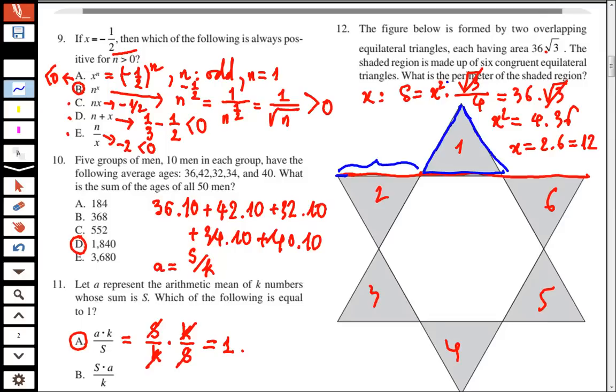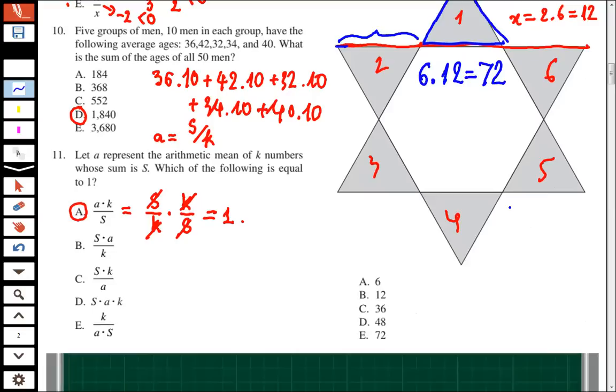And for the final result, we need to find the perimeter of all six shaded equilateral triangles. It is 6 times 12 equals 72. Option E.